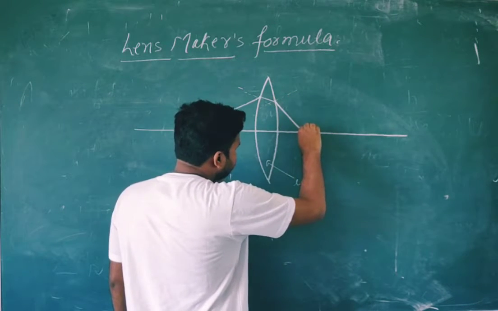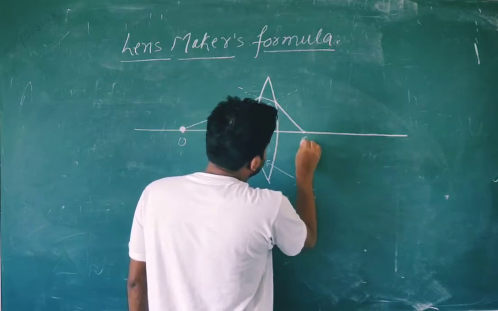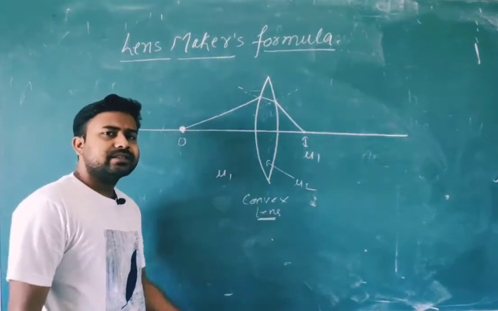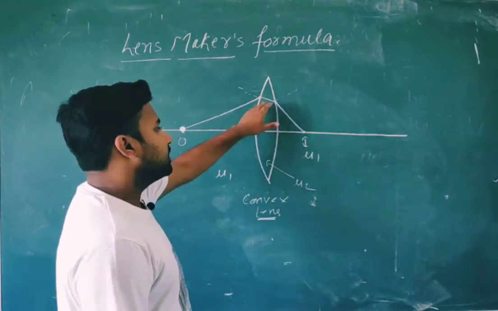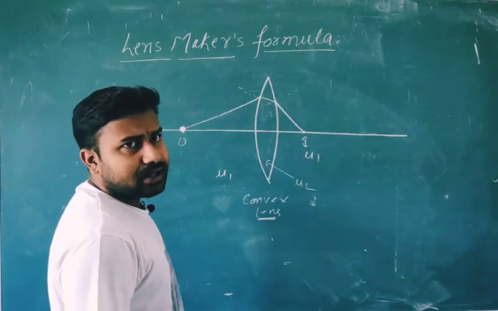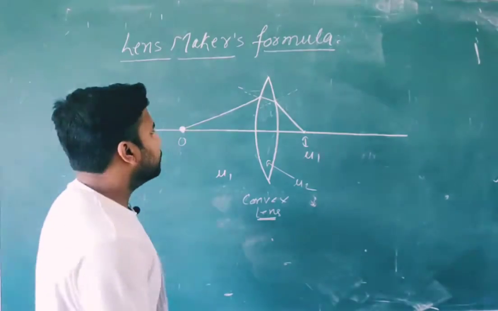So here it will go away and the image will form here. By the way, we are assuming this lens is very thin, so we can neglect this also, but for explaining, now you understand how the lens forms the image.